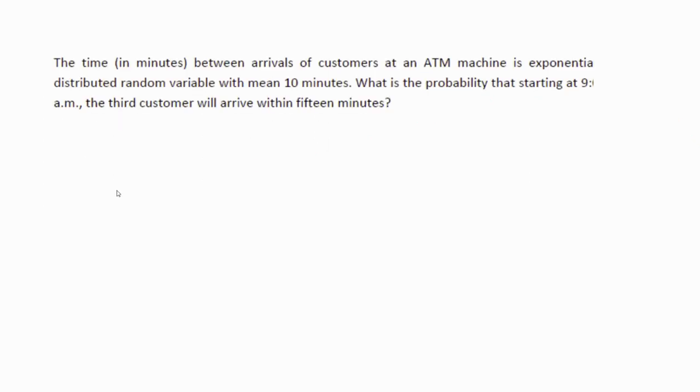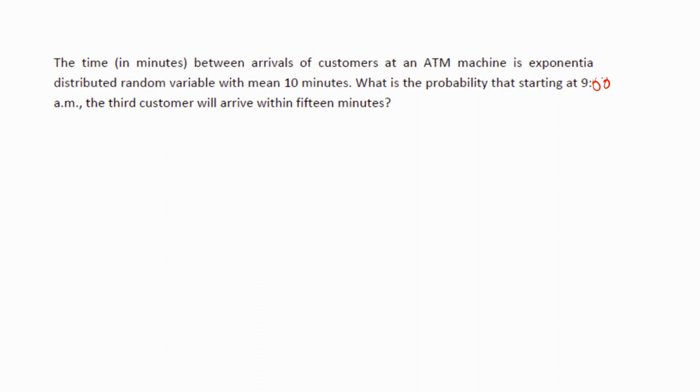Now, next question we have here is that the time between the arrivals of customers at an ATM machine is an exponentially distributed random variable with mean 10 minutes. What is the probability that starting at 9 a.m., the third customer will arrive within 15 minutes?